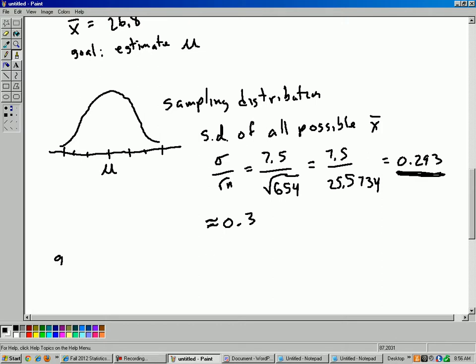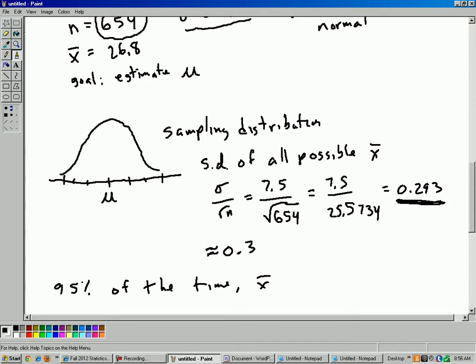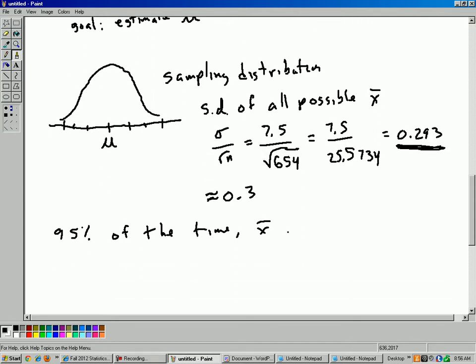Okay, so in other words, 95% of the time, our x bar, in this case 26.8 right there, is within two of these standard deviations. One standard deviation is 0.3, two standard deviations of the sampling distribution is 0.6. So within 0.6 of the real population mean, whatever that is.